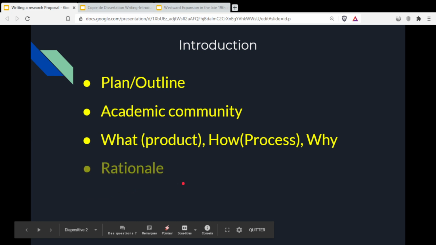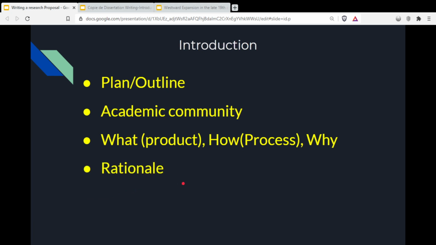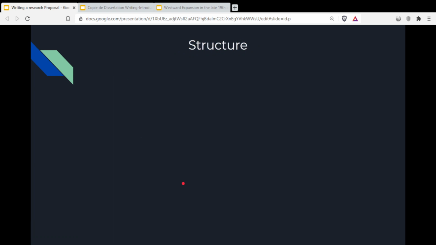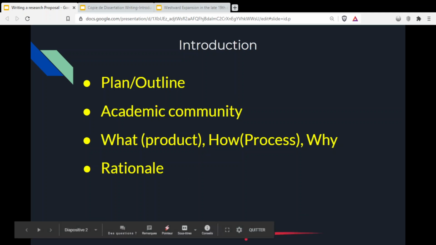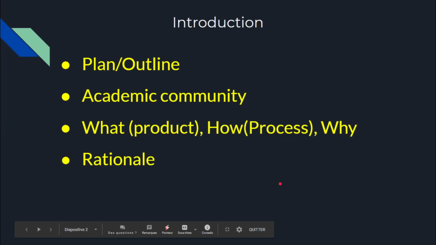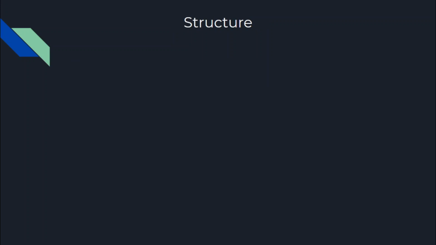Now, to summarize, we can say that the research proposal is the rationale, the ground on which you justify your research and the final paper in general. What is the structure of a research proposal?